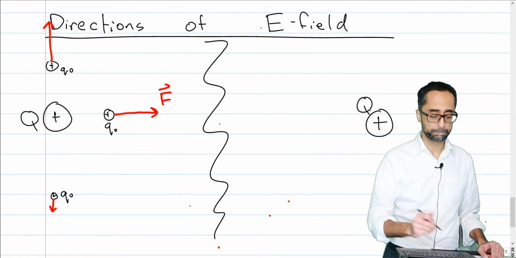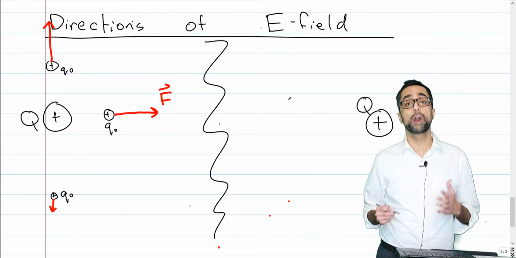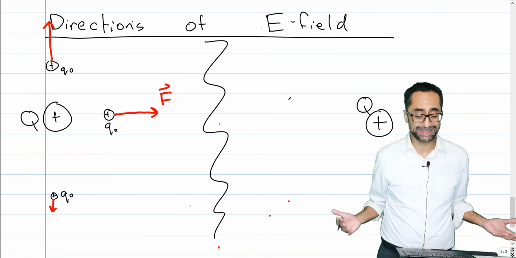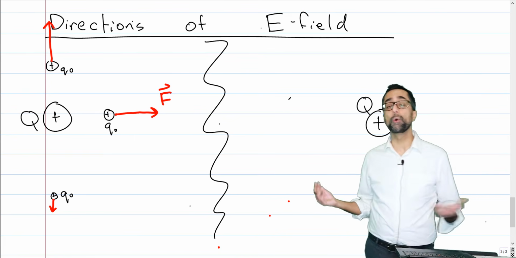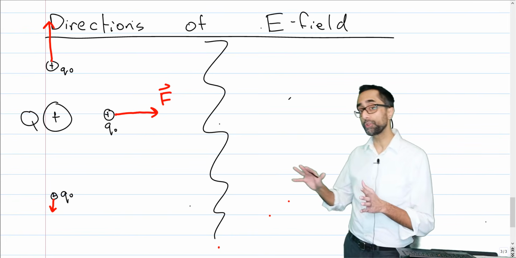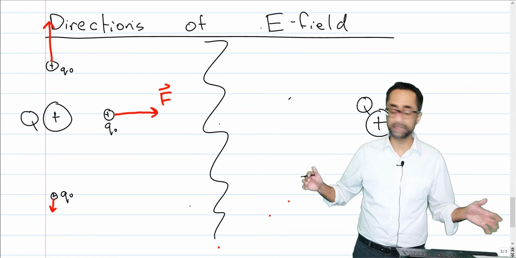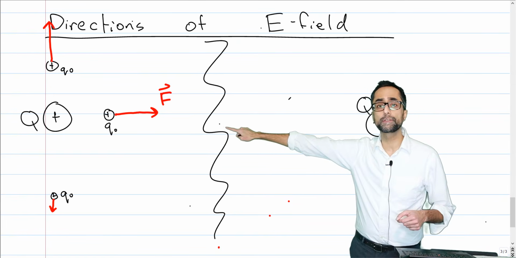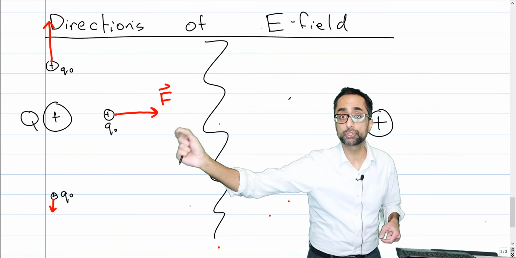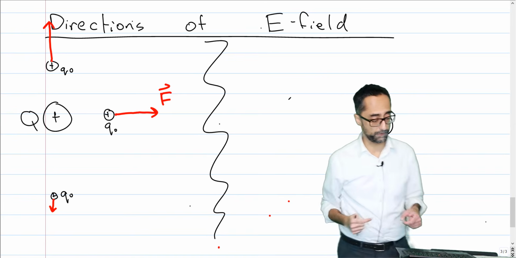But if I have a charge here and I want to draw the electric field around that charge, according to the test particles that I had, it should be going outwards from our Q. And please note, it should be happening in three-dimensional space, though I can't show it on this piece of paper. If you take that far positive charge and put a charge in front of it, the electric field would have been coming out of the page.